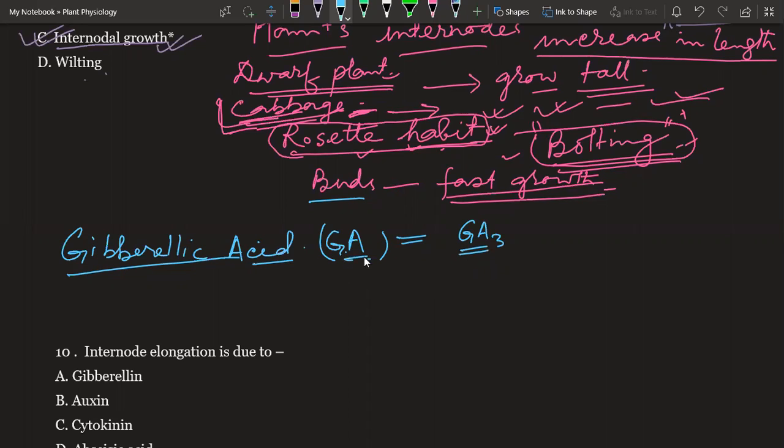This was discovered in Japan by Kurosawa.